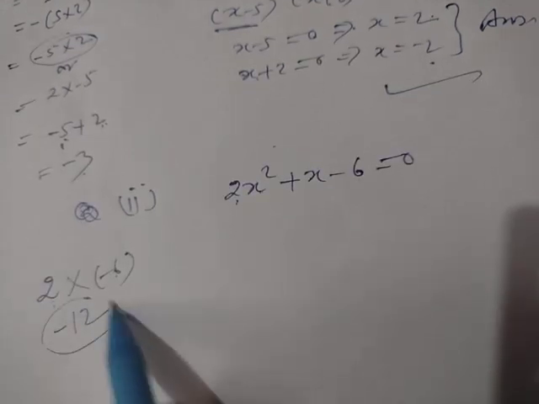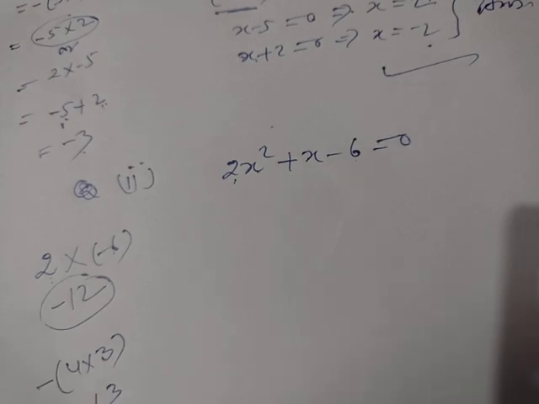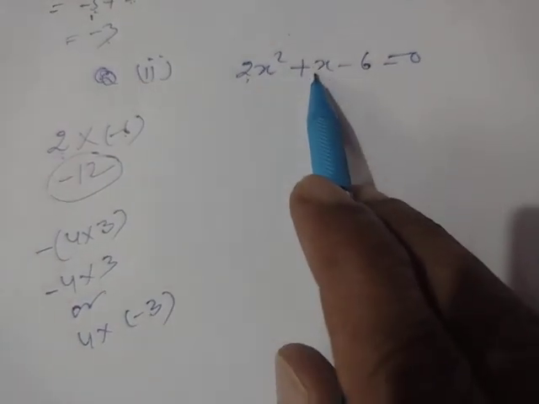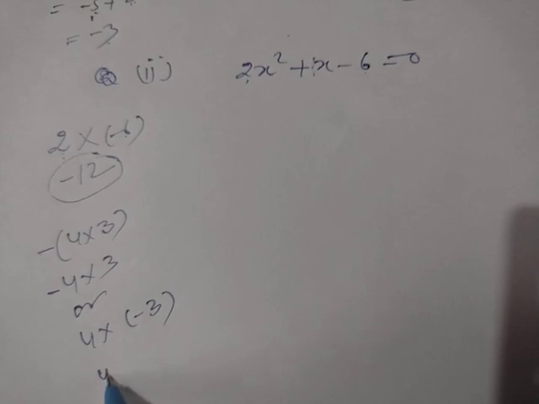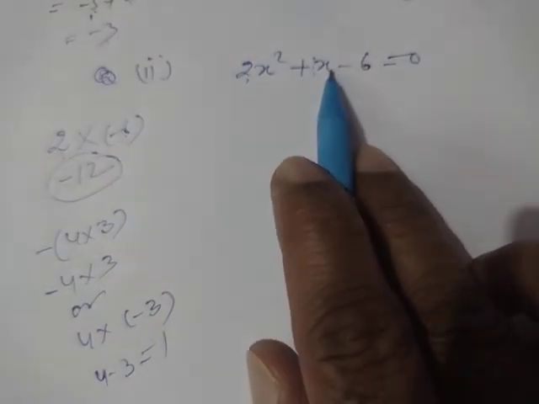Now factor of minus 12 is here 4 into 3. Then you can write it as minus 4 into 3 or 4 into minus 3. Okay. So you have to bring here plus 1. So 4 minus 3 will give you plus 1. So put here 4x minus 3x.